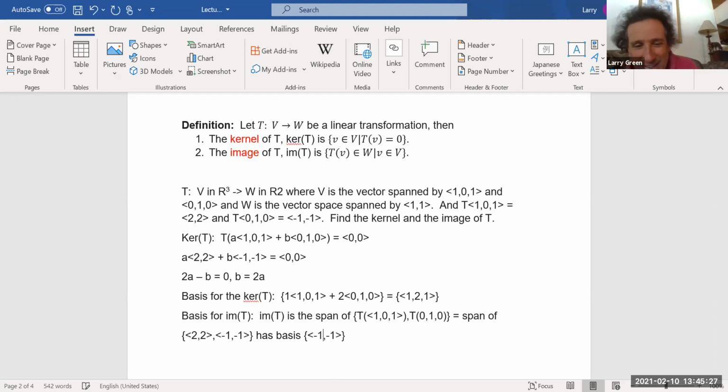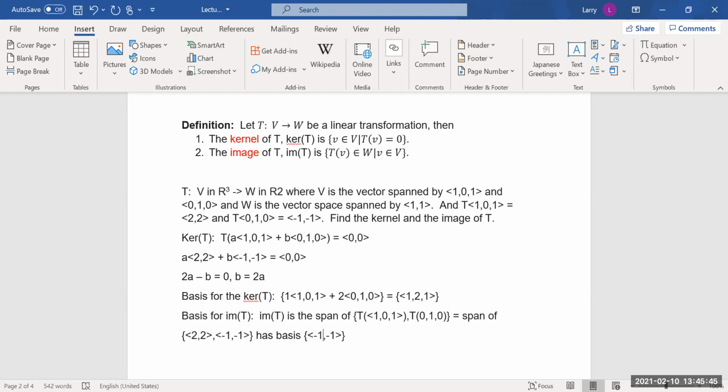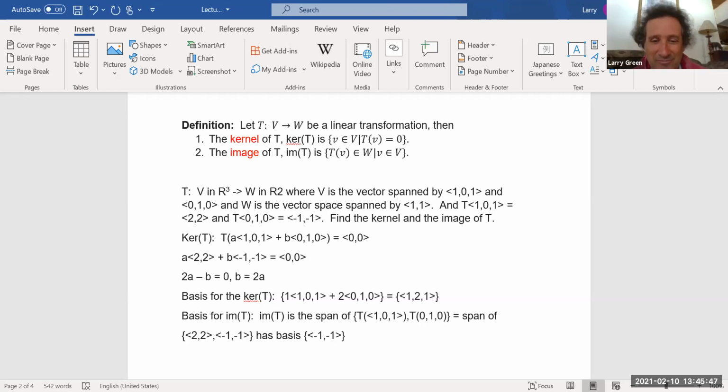But I wanted to let you know that there's nothing unique about this basis. I chose this one because Victor said it. If I ask you guys and someone says a right answer, I'm going to go with it. If you said 2, 2, I'd have said 2, 2. If you said you need both these vectors, I would have said no, because they're linearly dependent. And in fact, 1, 1 is a little simpler because you can always multiply or divide by a non-zero number.